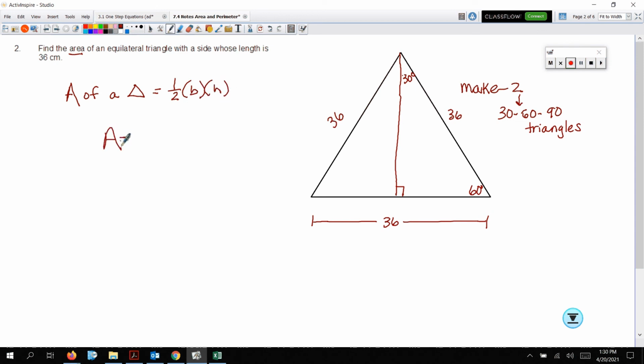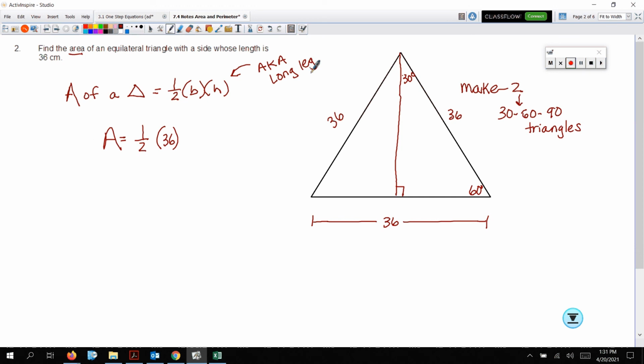So area is 1/2, remember we want to use the whole base, so 36. Now we need to find the height. The height of the triangle is actually, AKA, the long leg. It's also referred to as the altitude.